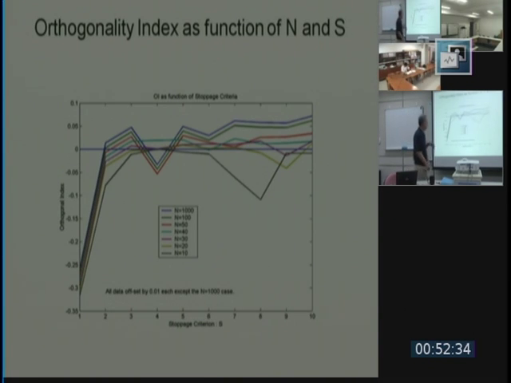So we can see that a lower number of maximum shifting coupled with low stoppage criteria actually gives you a very nice answer. This is 3 up to 30. They are all very close to orthogonal. So we keep that in mind.